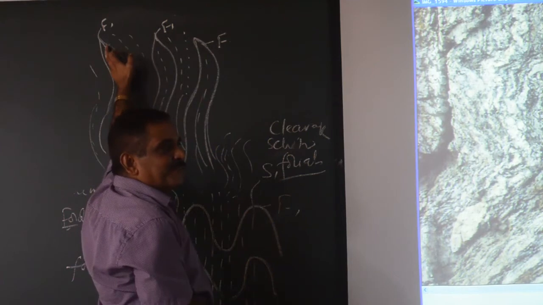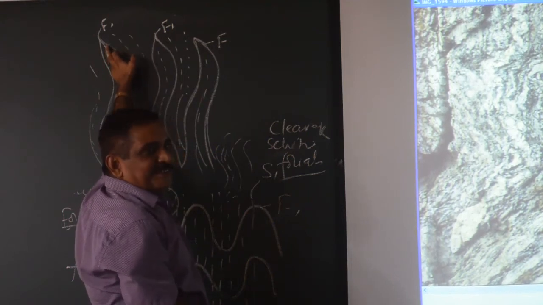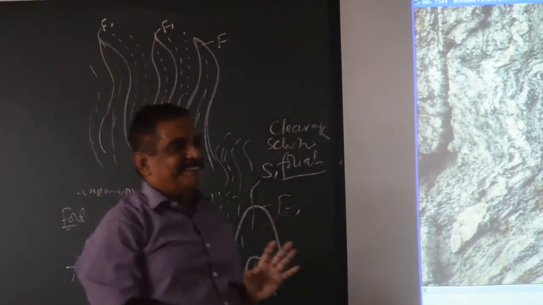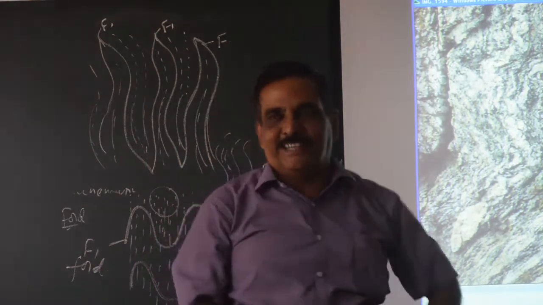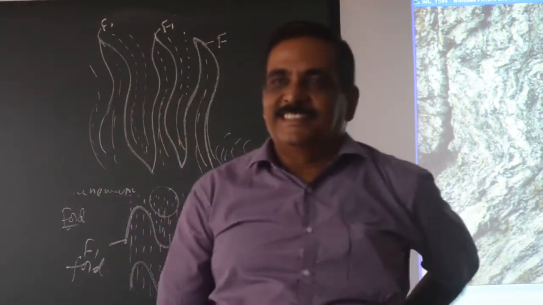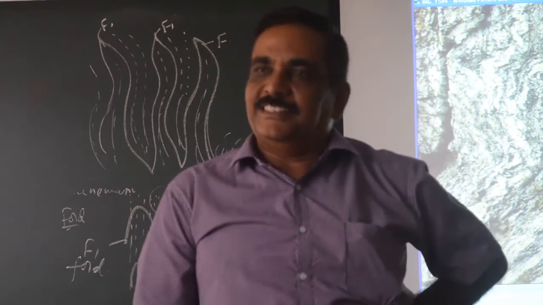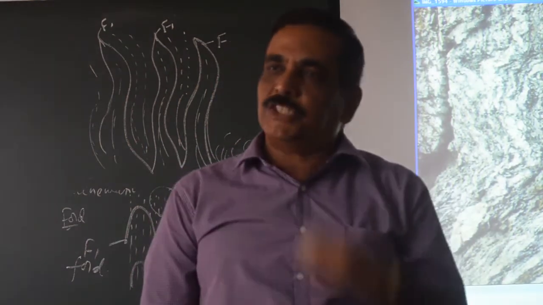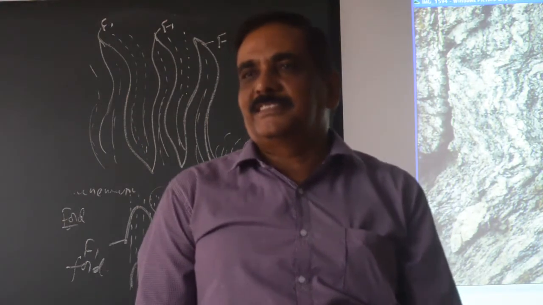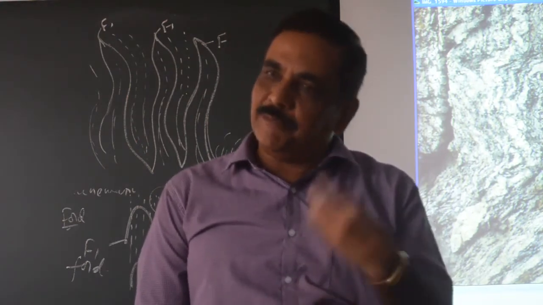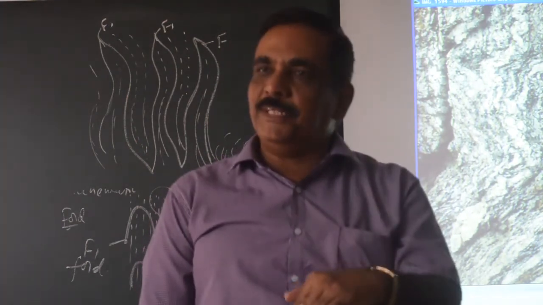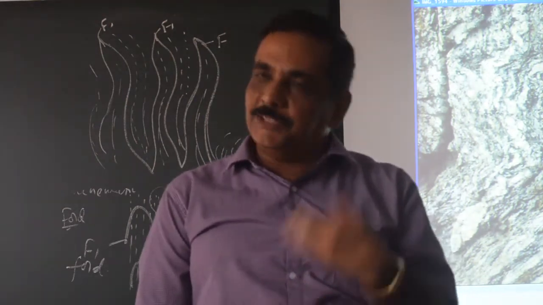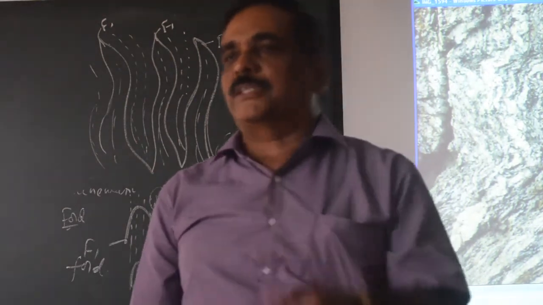Understood or not? Sir, during F1 folding, the first phase of folding, schistose planes are only developed, not folded. Only developing. Before that, the schistose plane was not there. That is why it is synkinematic. Synkinematic means same time. The fold is developing and the schistose plane is developing. Kinematic means movement.